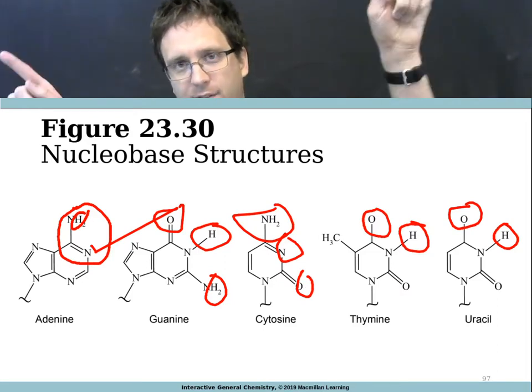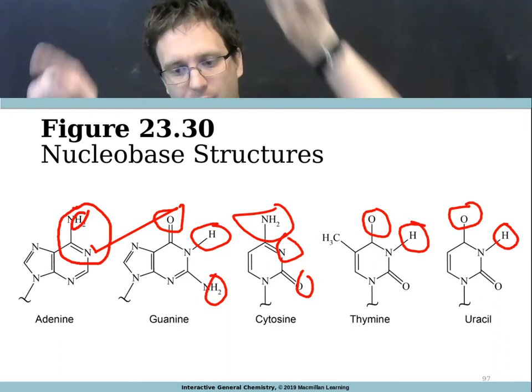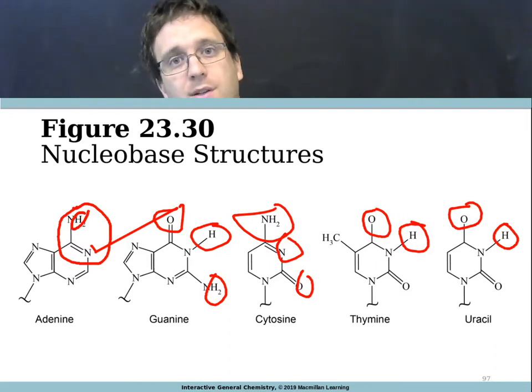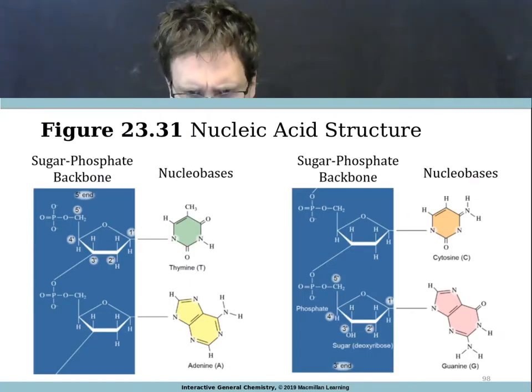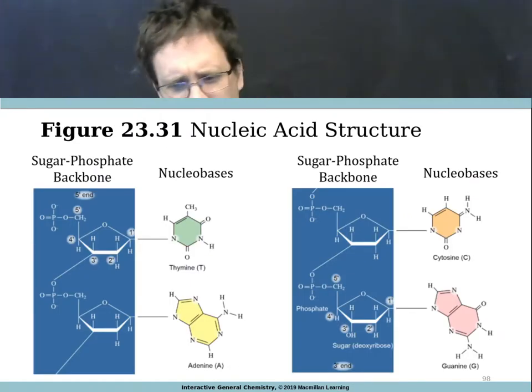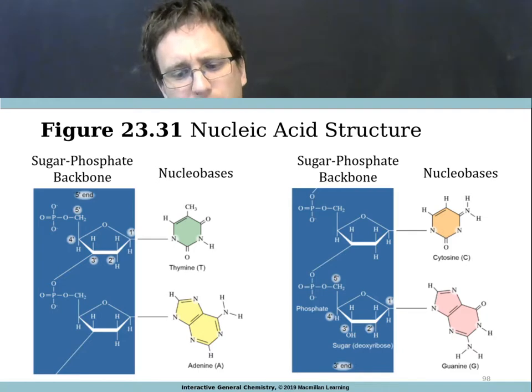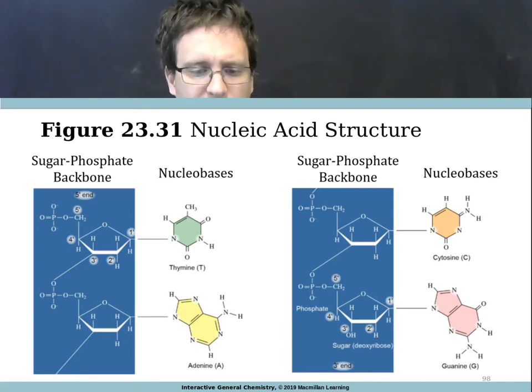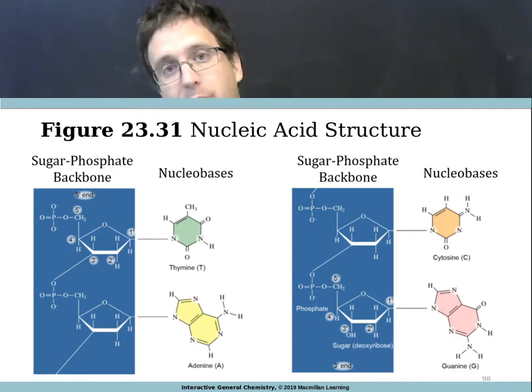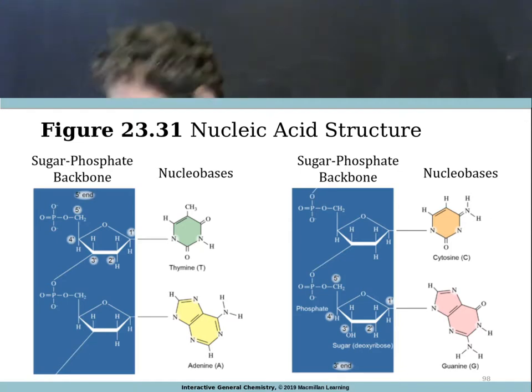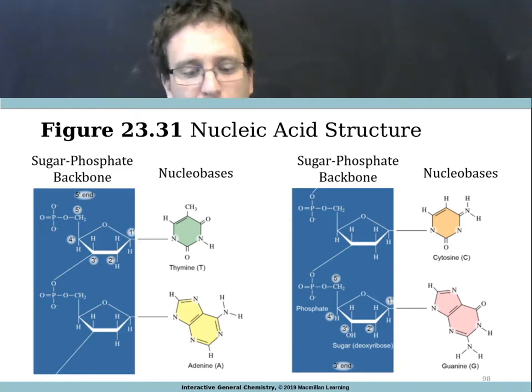Cytosine is a concave trio of hydrogen bonding sites, and they're going to fit together neatly, as we will see in a minute. So not only do the nucleotides have the phosphate and the ribose and the nucleobase, but nucleotides can bond together.